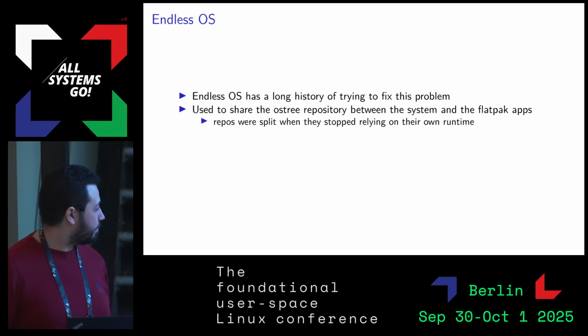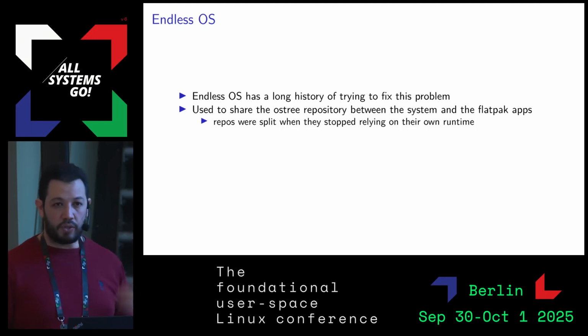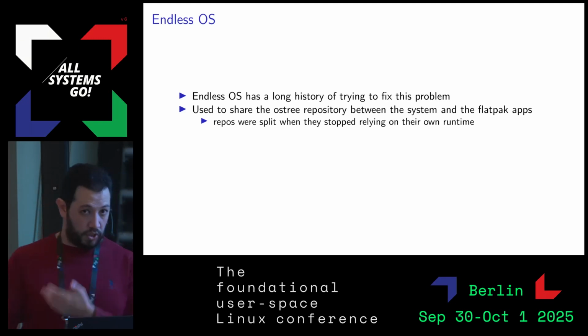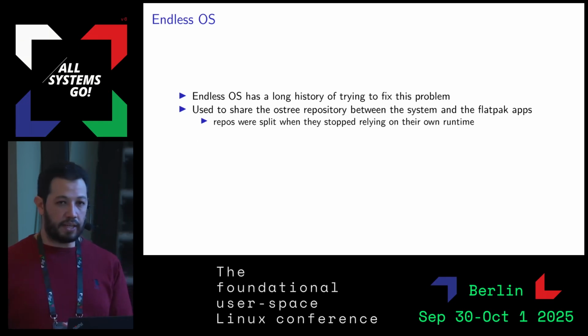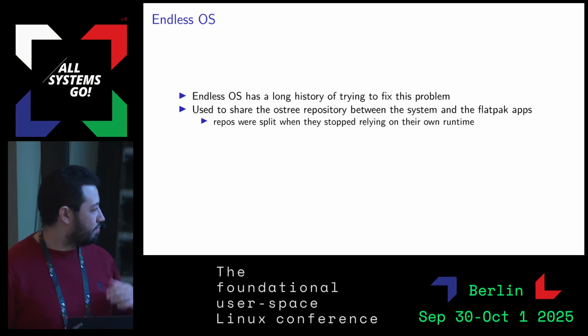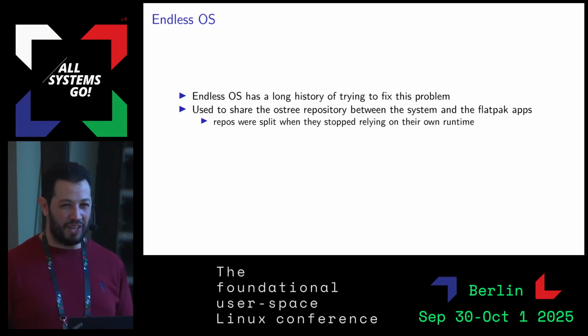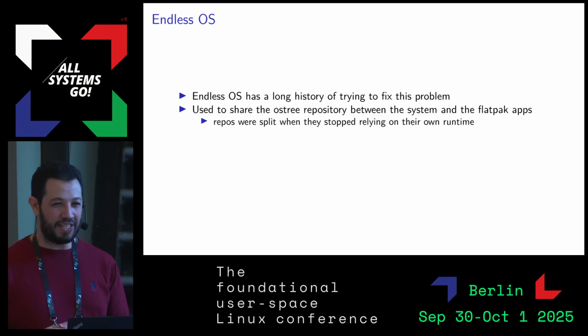But then, when they stopped relying on their own runtime and switched to Flathub, to the freedesktop SDK runtime, and GNOME runtime and other things, it didn't make sense for saving space, and it had other issues.